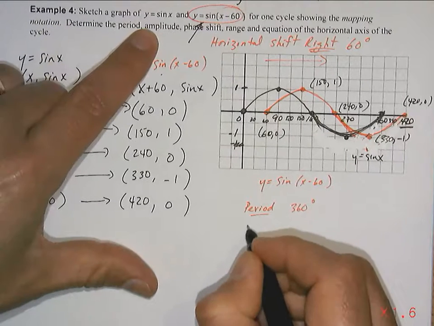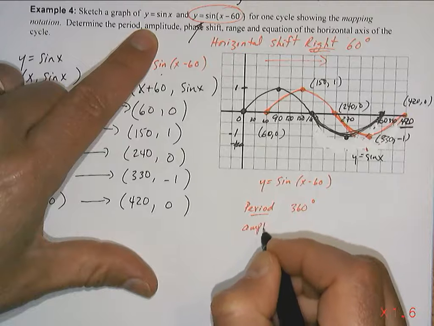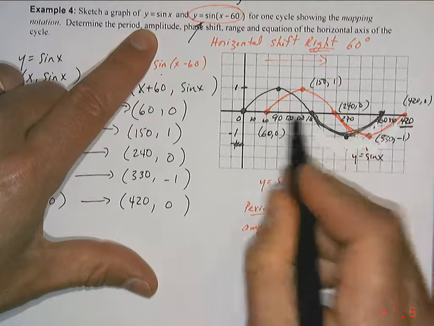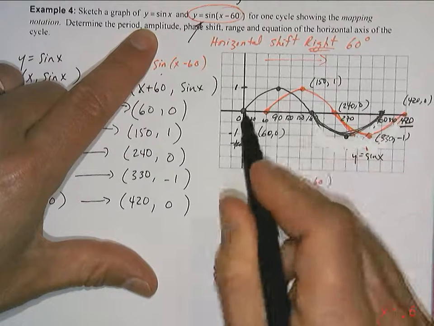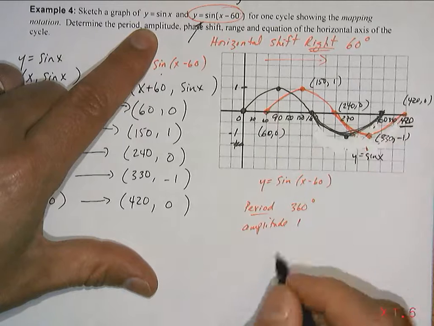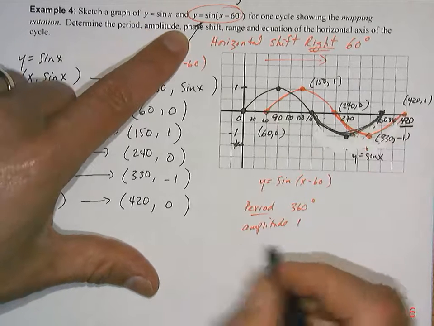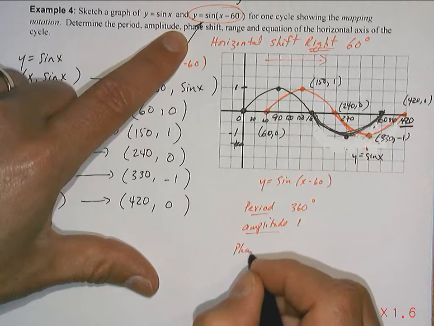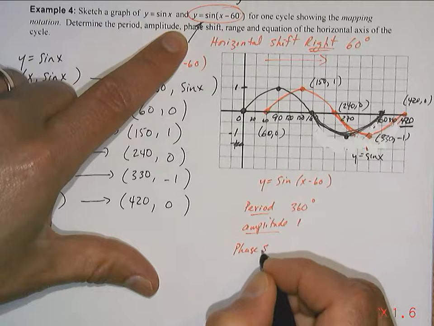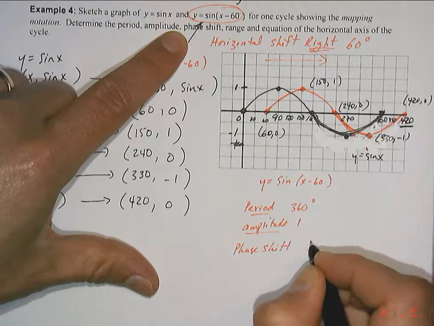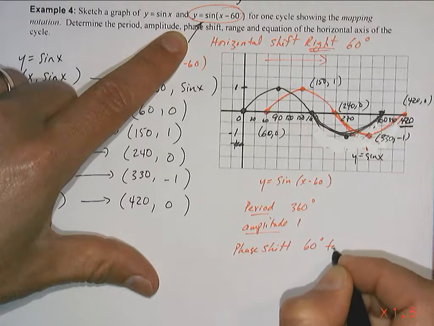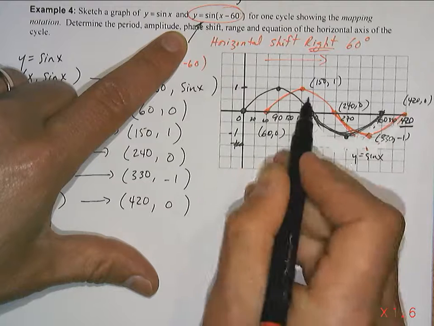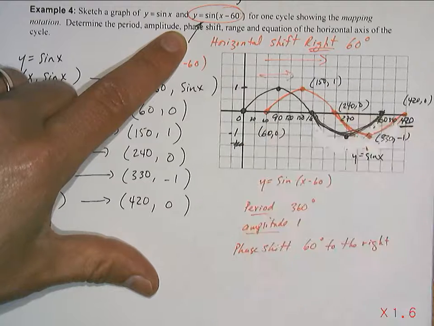The amplitude, if we look at this, we can tell it did not change from the amplitude of our original. And we know that our original has an amplitude of 1. Now your phase shift, that's a special word for horizontal shift. And the answer is 60 degrees to the right. So it was shifted 60 degrees that way.